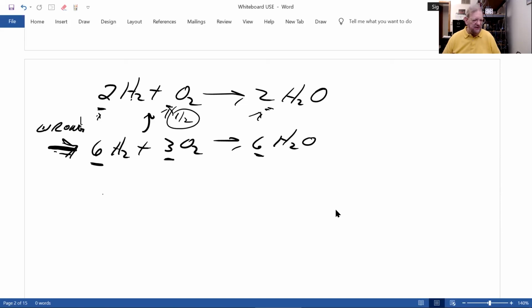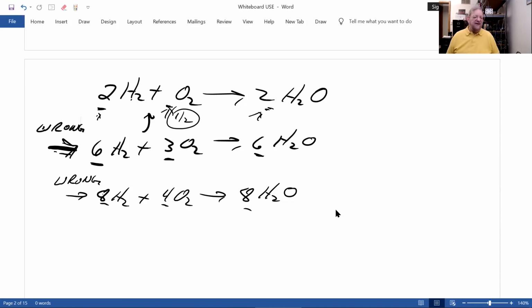Another example would be, let me think about it. This would also be wrong, because if I can divide all the coefficients by a number and get a whole number and can't divide those anymore, then I'm at my balanced chemical equation.